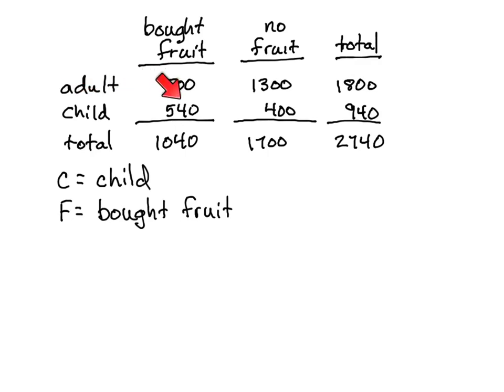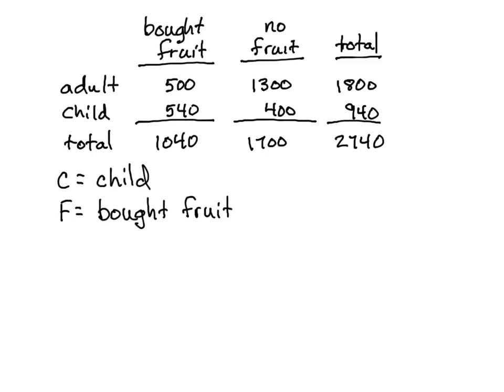For children, 540 bought fruit, 400 did not, and so you had a total of 940 children. So when you add 1,800 plus 940, there was a total of 2,740 customers. If you look at how many bought fruit, the total between adults and children is 1,040, and the number who didn't buy fruit would be 1,300 plus 400, which is 1,700, and you can see that these two numbers then add up to the same 2,740.